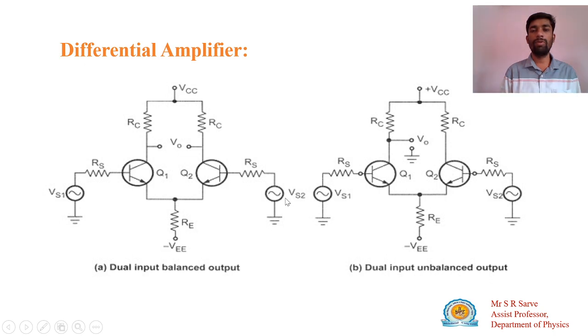The second input source will be provided to the base of the second transistor through this input resistance, and these two collector resistances RC are connected to the collector terminal of the first transistor, and similarly to the collector terminal of the second transistor, and it is provided to the plus VCC supply.